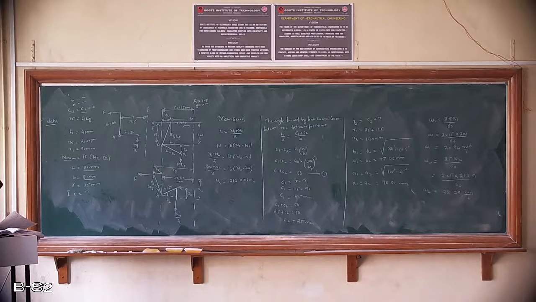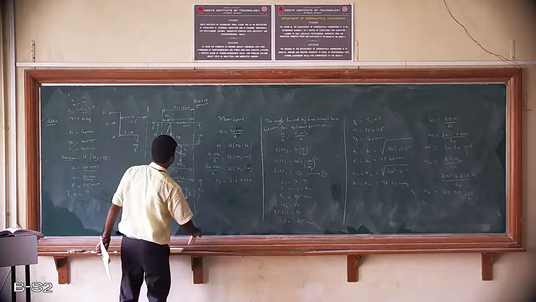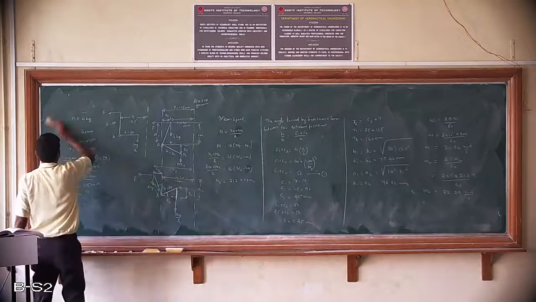So the next step is only substitution of all these values into the governing equation. Let us substitute all the values into the governing equation and find out the value of the initial compression.